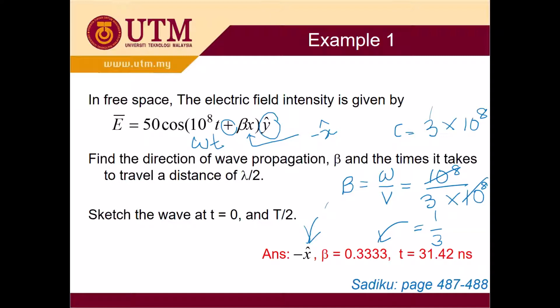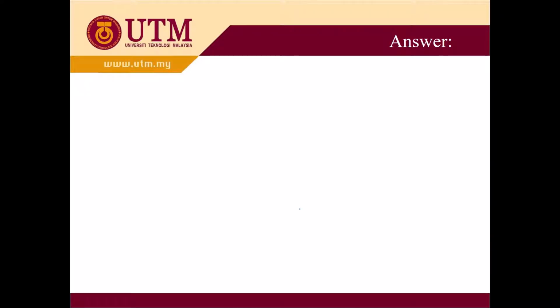And then next is the time taken to travel lambda over 2. We want to find the time taken to travel half a wavelength. For the electromagnetic wave, we consider that the wave is in the form of a sinusoid, like this. This is one complete cycle, and this is the lambda.